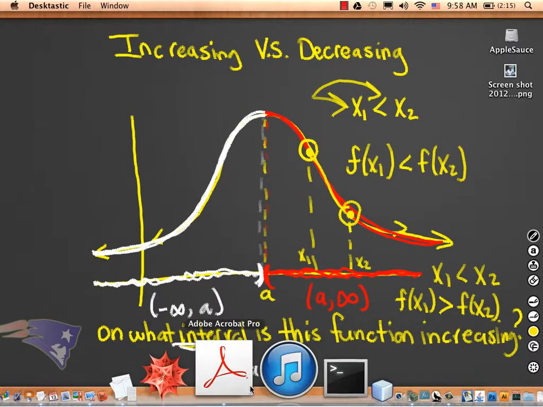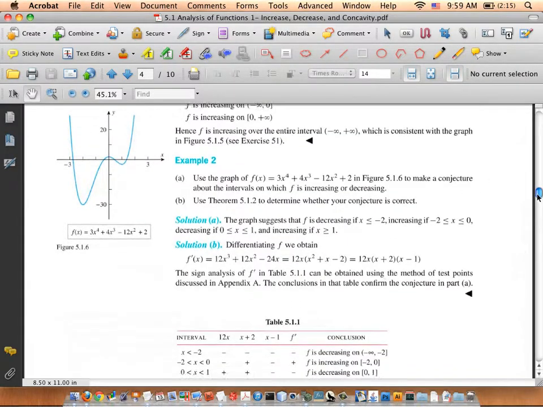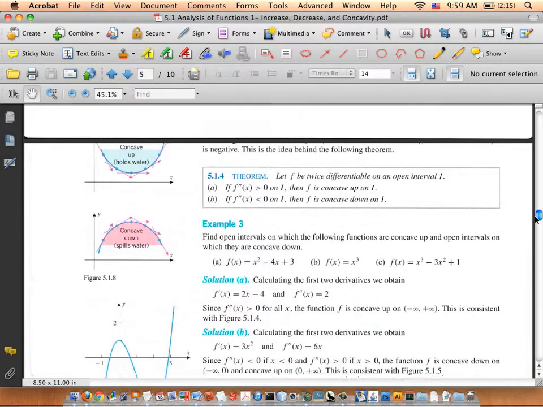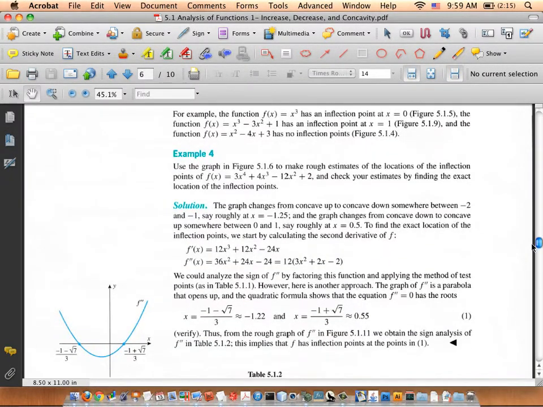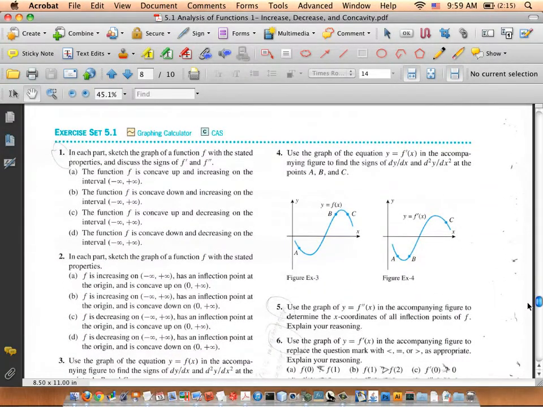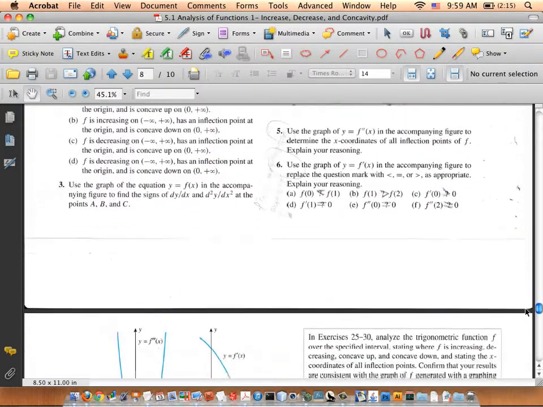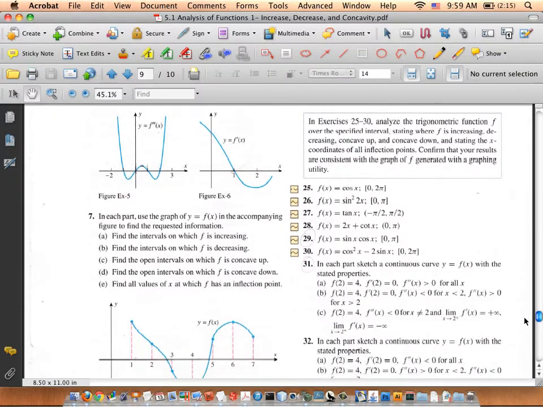All right. Let's see if we can find a good example to make this a little bit more concrete. Let's go straight to the homework. I want increasing and decreasing. Trigonometric functions, find the intervals.